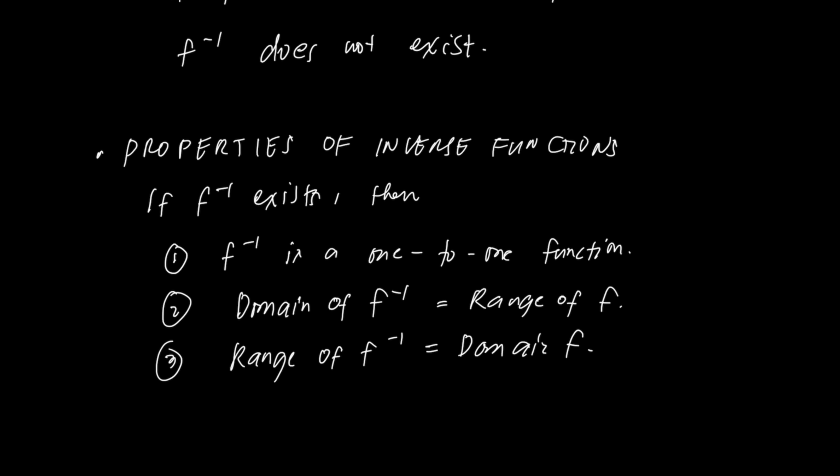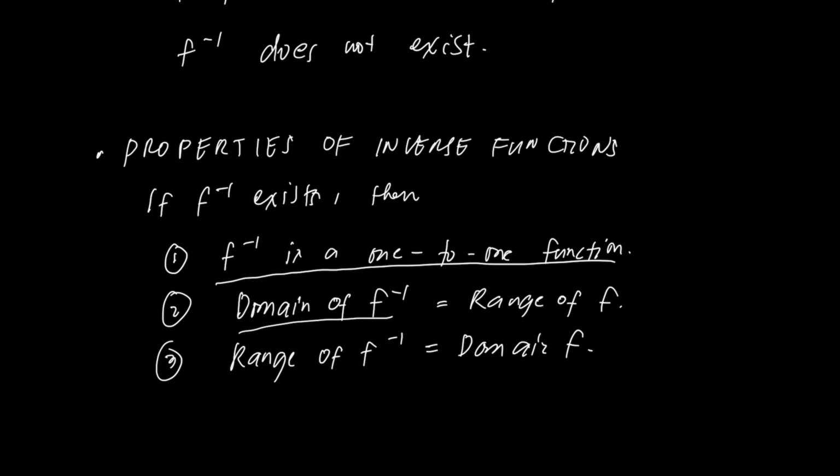So these are the properties of the inverse function. If the inverse function exists, then the inverse is a one-to-one function. Clearly, it is one-to-one because if you take the inverse of the inverse function, we have to go back; we must have the original function. So the original function and its inverse are inverses of each other.